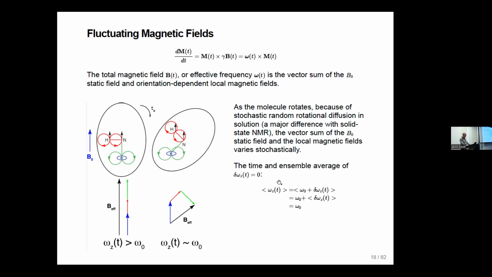I'll point out that in solution, tumbling is going to cover all orientations, so that we're going to have all possible vector sums, and then there'll be some isotropic average, and then deviations from that average. So the average of the deviations averaged over all orientations in solution is always going to be 0.